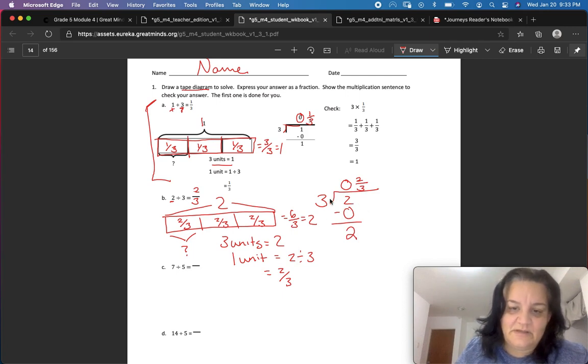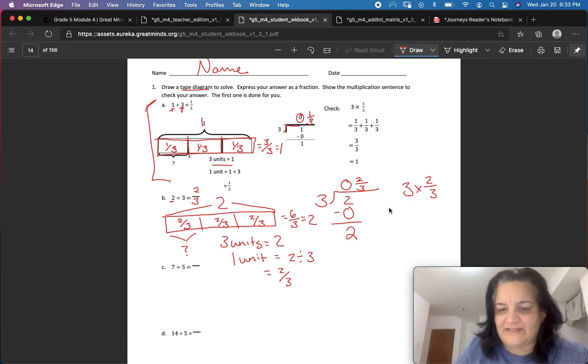Okay, now let's check our work. If 2/3 actually is the right answer, 2/3 times 3 should give us 2. So 3 times 2/3. Okay, and we haven't done multiplication of fractions yet in 5th grade, so we're going to do it with repeated addition.